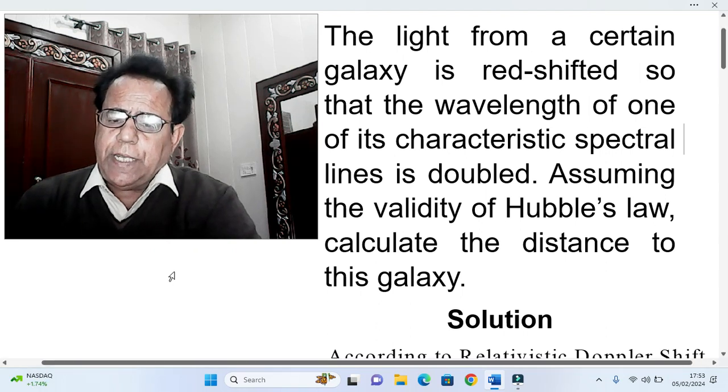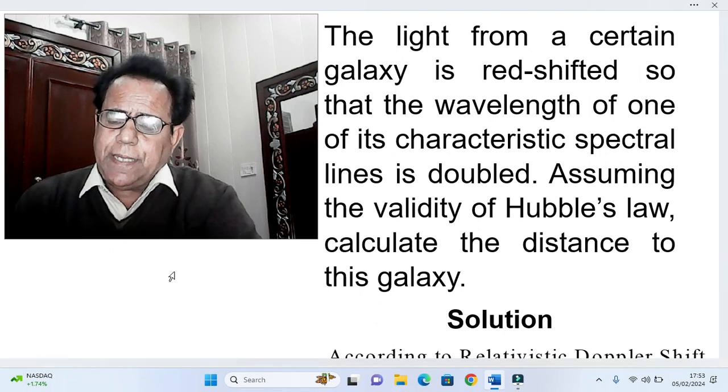We have to find out the distance d as appearing in Hubble's law.